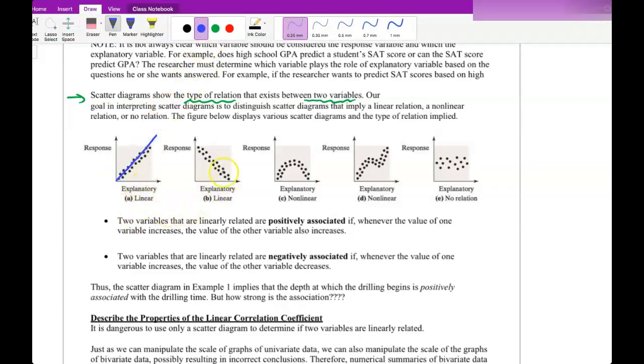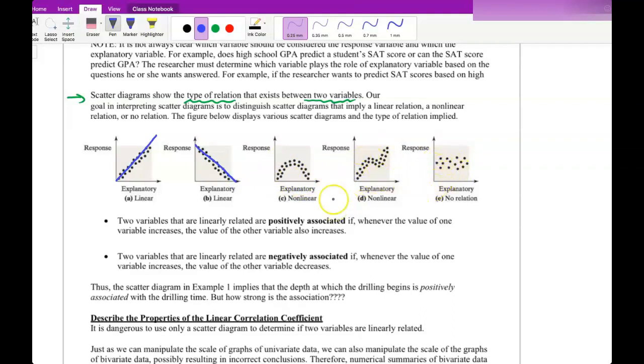Same thing for this one. But here I'm not able to draw a straight line.